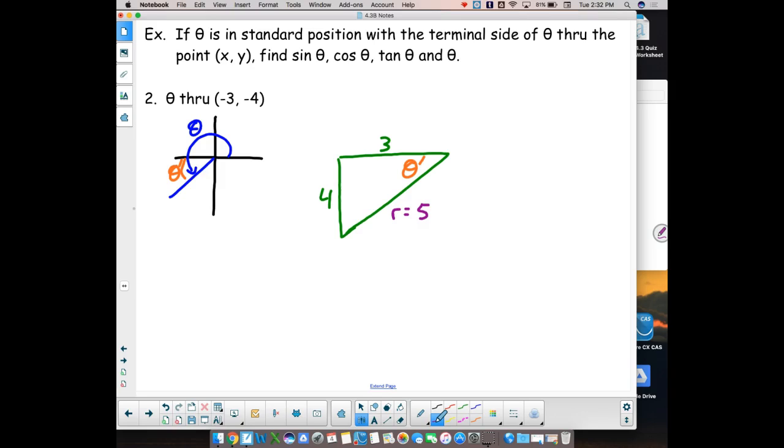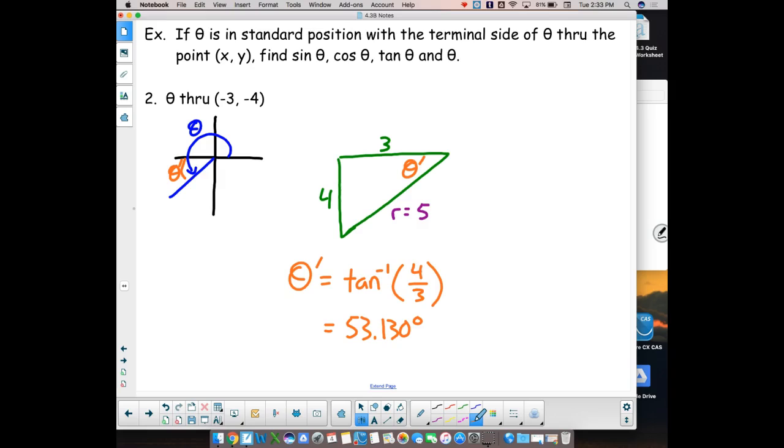Which then means that if I am going to find my reference angle, I'm going to find my reference angle theta prime. That's going to be the inverse tangent of 4/3, opposite over adjacent, which gives me a theta prime value of 53.130 degrees.